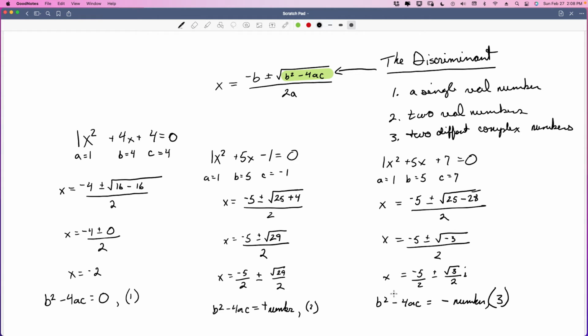So just by looking at this little bit here, we can tell what the answer is going to be, whether it's going to be a single real number, two real numbers, or two different complex numbers. And the complex numbers will have that little i right here on the end of it. All right. So let's look at some examples and see if we can just evaluate based on what b squared minus 4ac is. I'm going to clear this page.